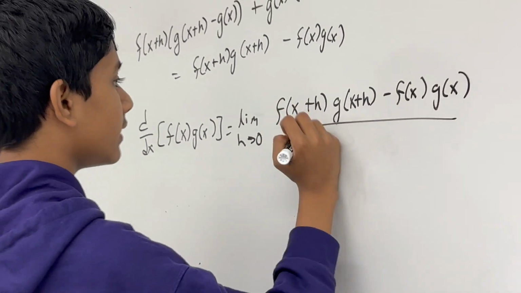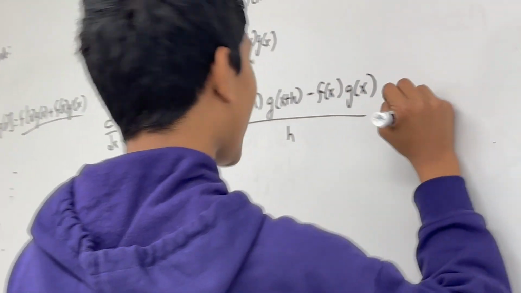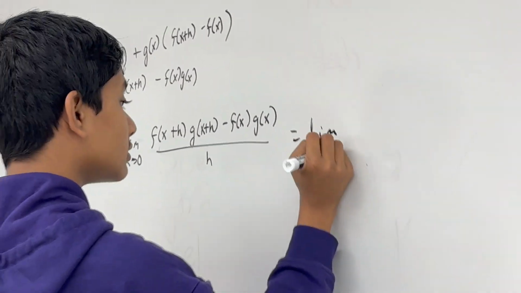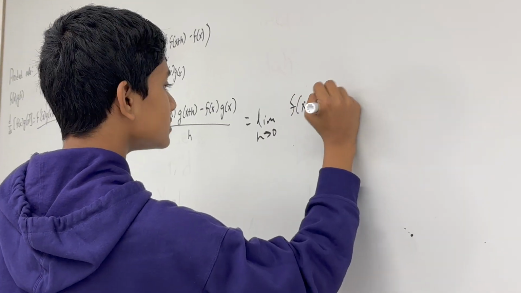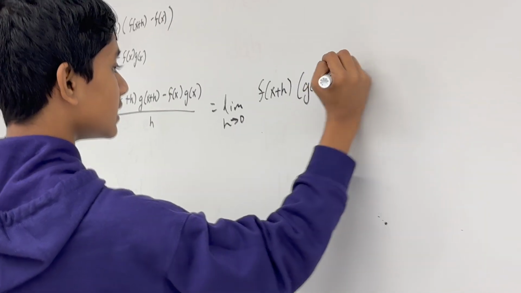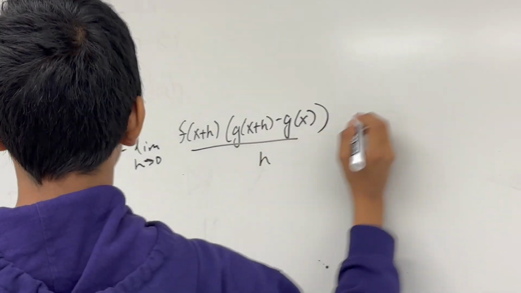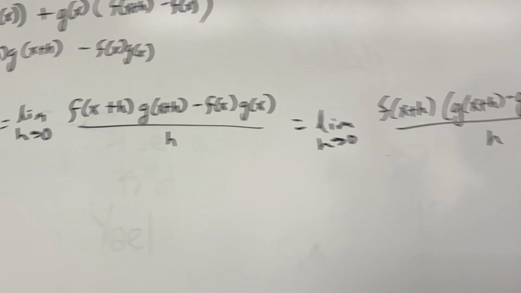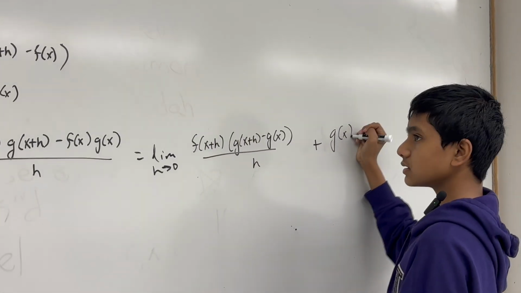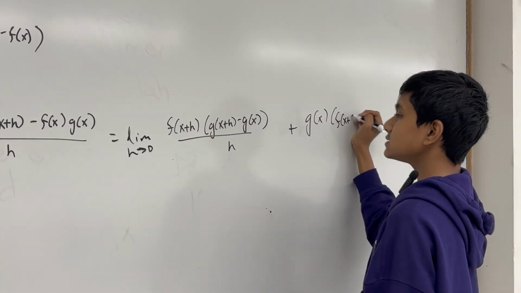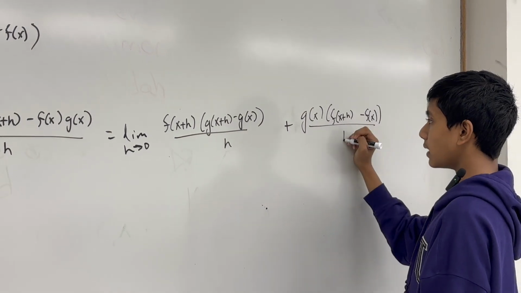divided by h. And now, using that cool factorization we found, we split this up into two fractions. F of x plus h times g of x plus h minus g of x divided by h, plus g of x times f of x plus h minus f of x divided by h.